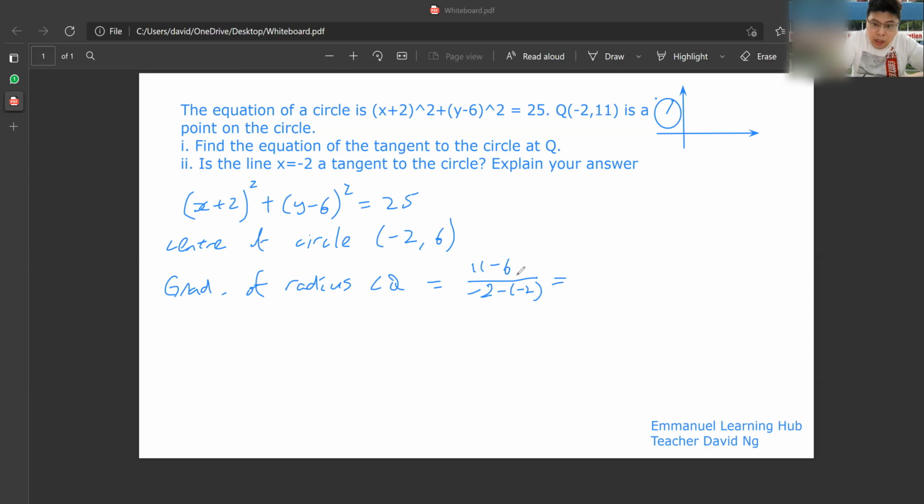Anything over 0 is infinity. So this is a vertical line. Because you got infinity gradient, it's a vertical line. So the tangent, the equation of the tangent, is like that. The equation of the tangent would be y is equal to 11.